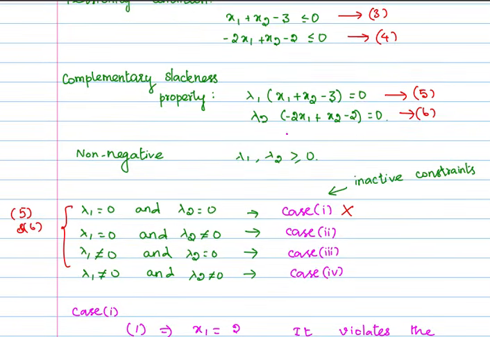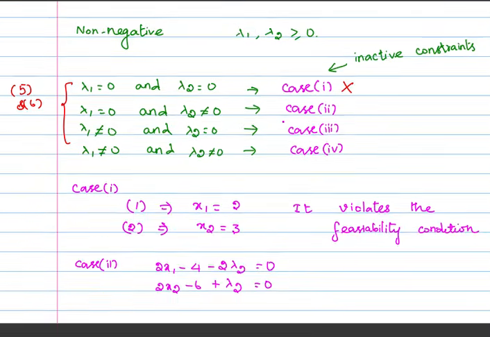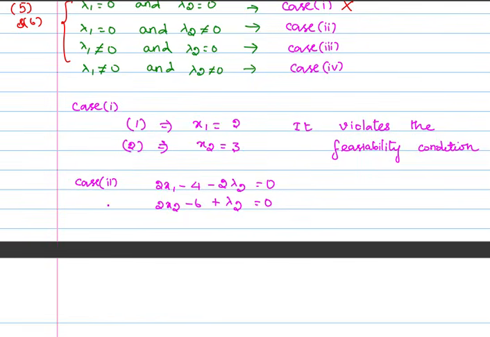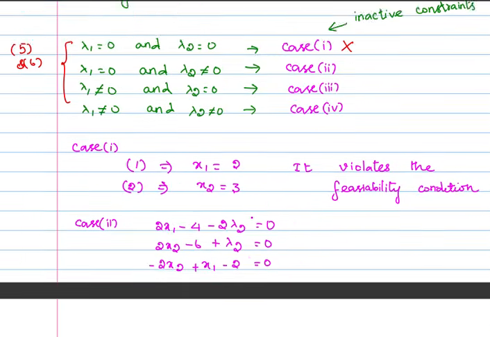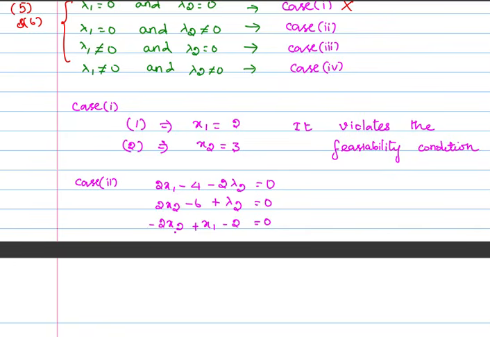Since lambda 2 is not equal to 0, from the 6th equation we get minus 2x1 plus x2 minus 2 equal to 0.